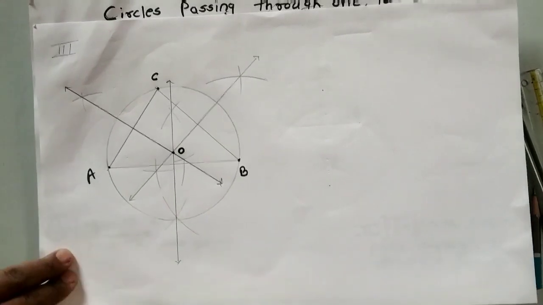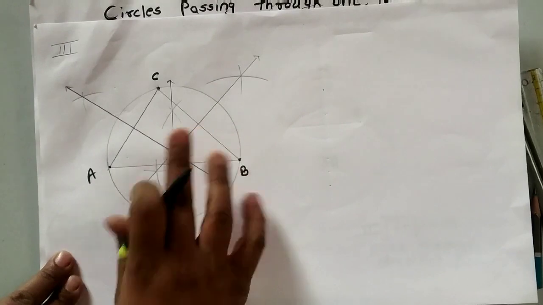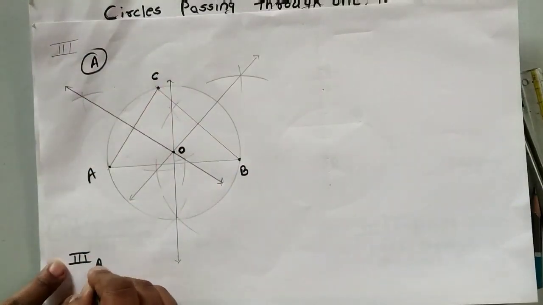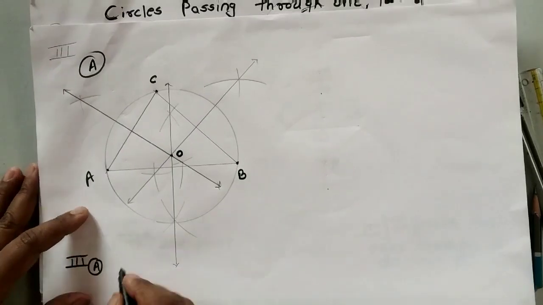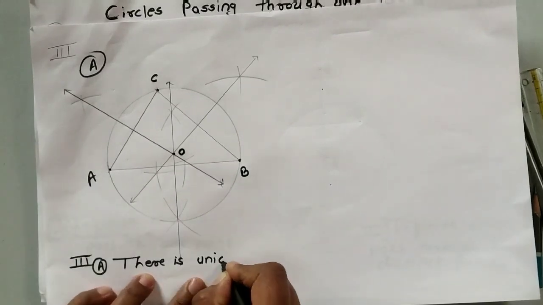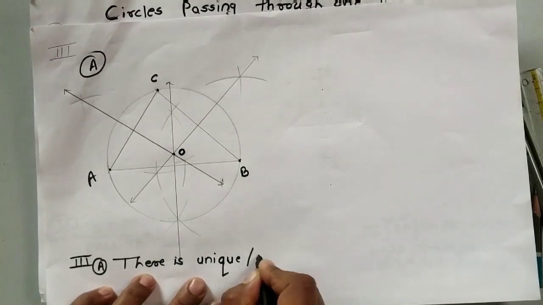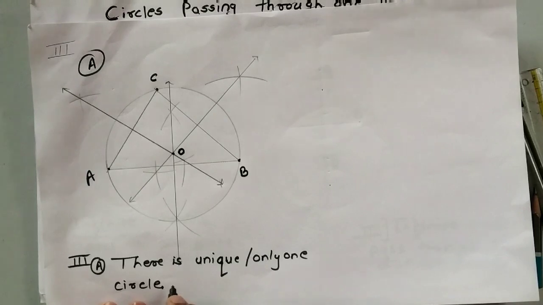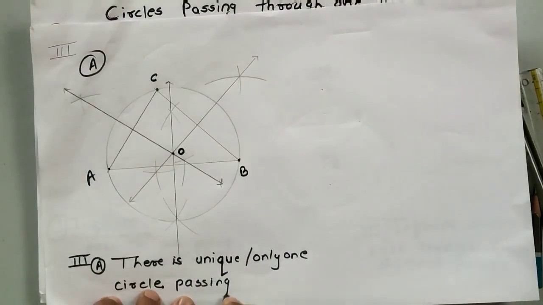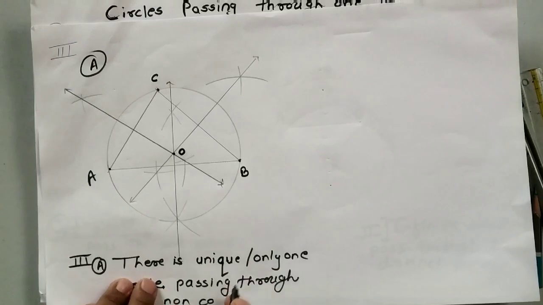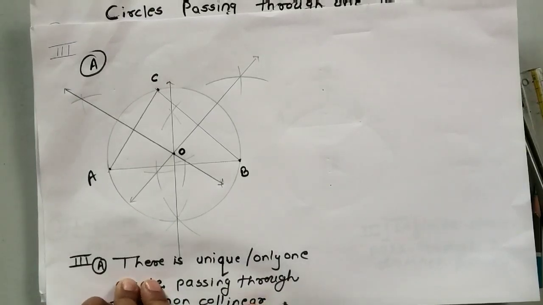And one more thing: only if the points are non-collinear can we pass the circle through them. For the third condition, write this as 3A. So 3A: there is a unique, or only one, circle passing through three non-collinear points. Clear?